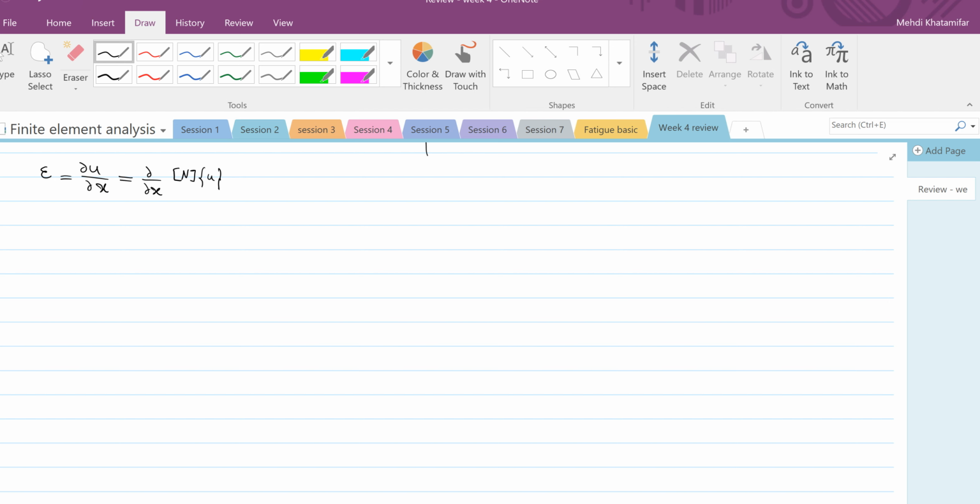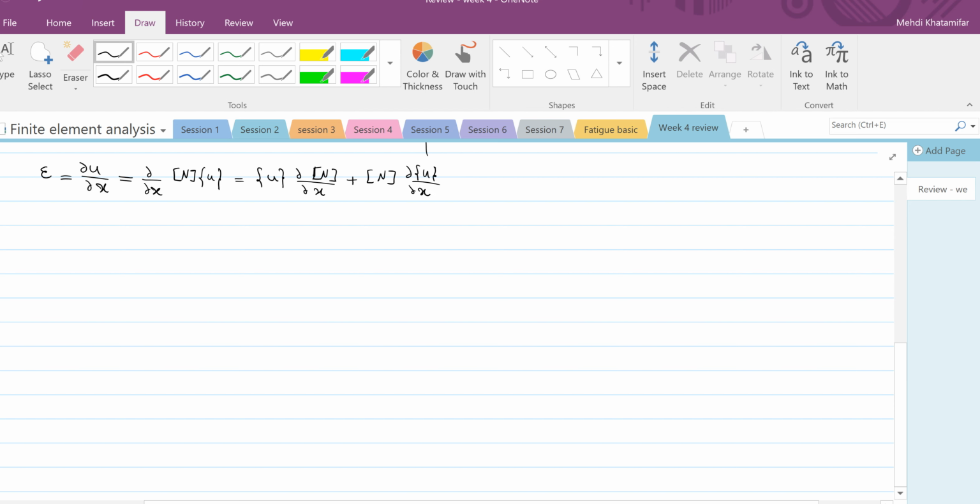So if I want to find the derivative, let's expand this derivative. It is going to be u times derivative of N over x plus N times derivative of u over x.